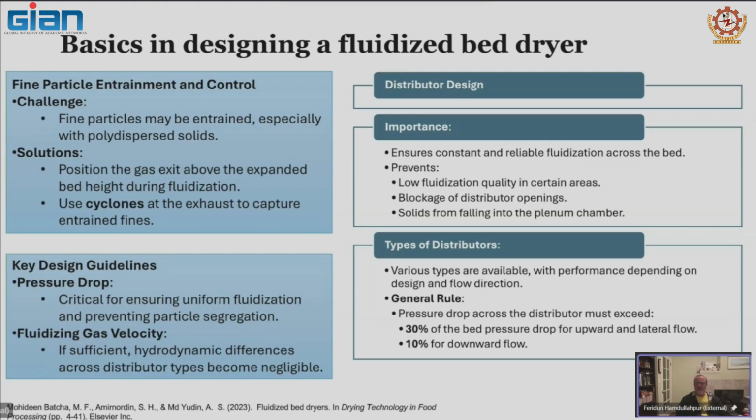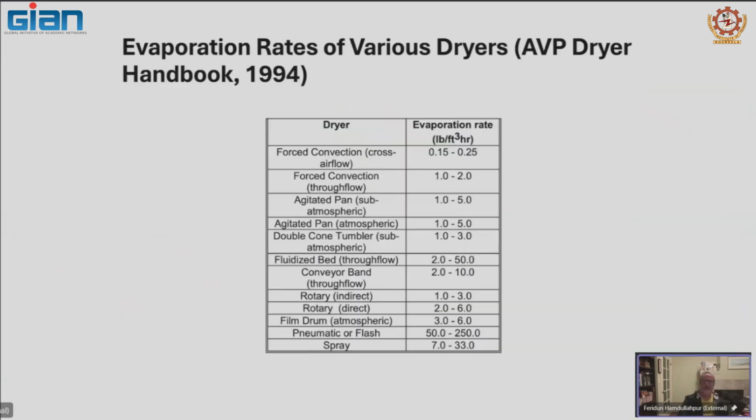The usual rule of thumb is 30% of the pressure drop for upward and lateral flow, and 10% for downward flow distributor plates. You're also not just doing this from scratch.